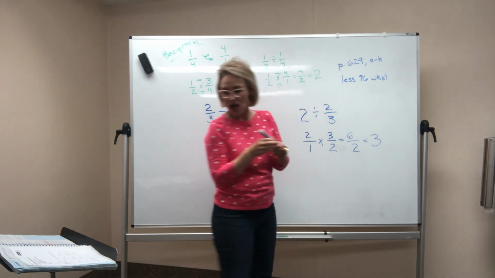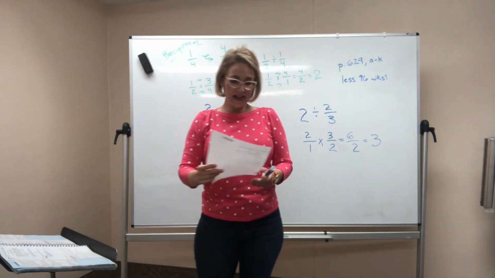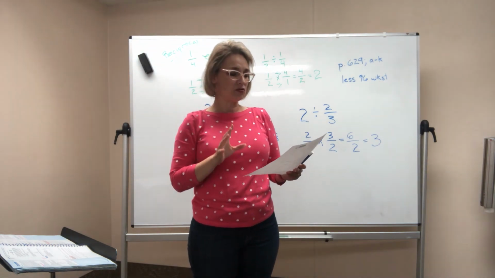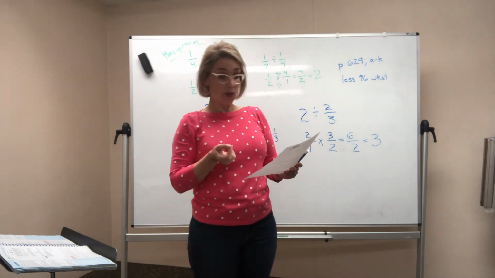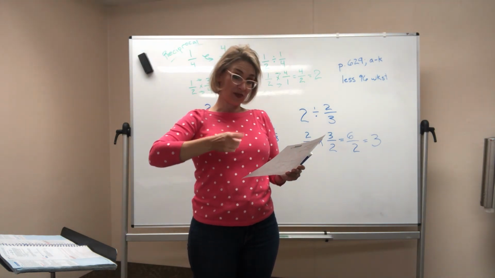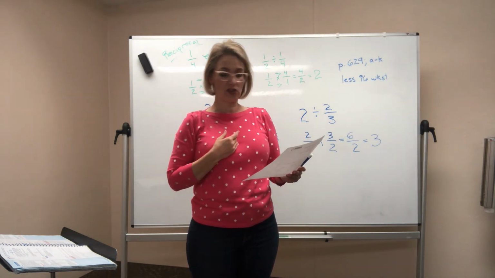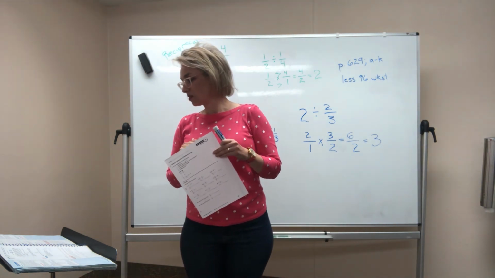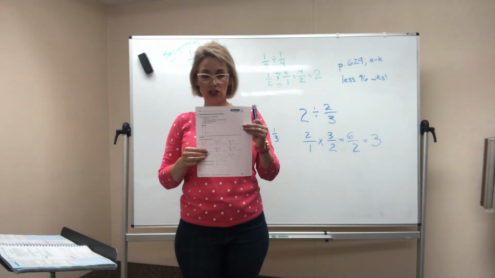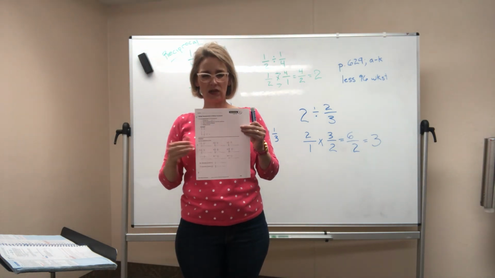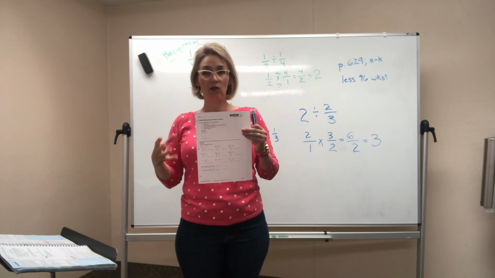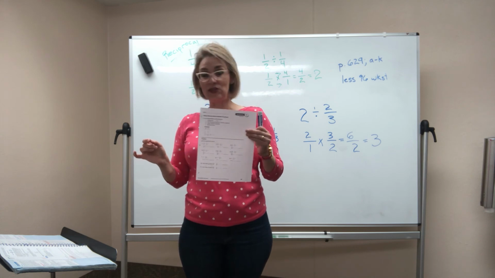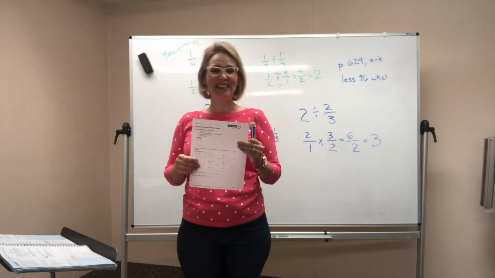That worksheet has 11 problems on it, and what it has you do is rewrite the problem with the second part flipped over to its reciprocal, and then you get the answer. So I recommend doing the worksheet first and then the part in the book, because the worksheet gives you the spot to write your reciprocal, and I think it will get you in the habit of doing that. So do the worksheet first, then do lesson practice in the book, and you now know how to divide fractions. It's super easy, isn't it?